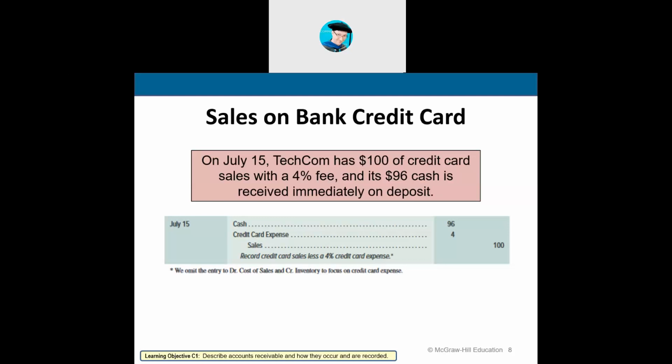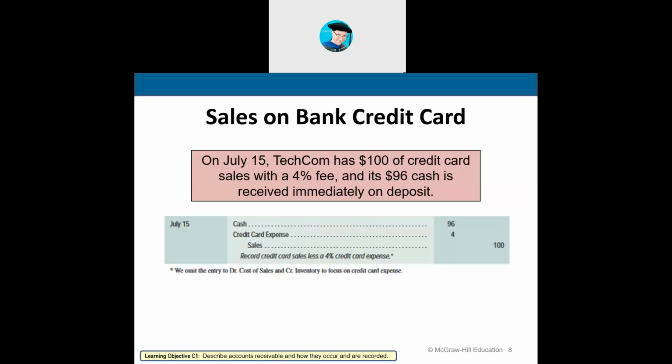We debit credit card expense, an expense on the income statement. The credit card expense account is used every time the customer swipes a card and there's a 4% fee. That fee gets allocated to credit card expense. And we credit sales for the total.